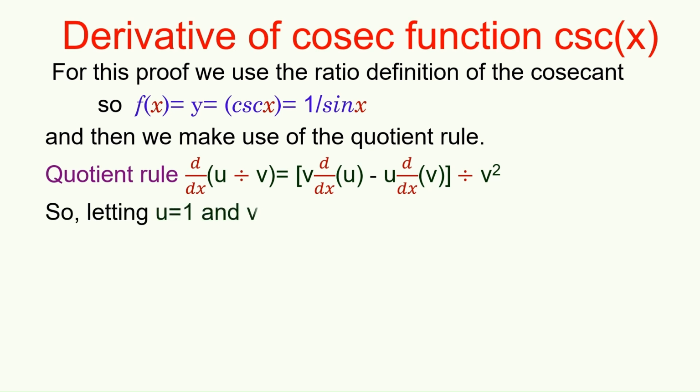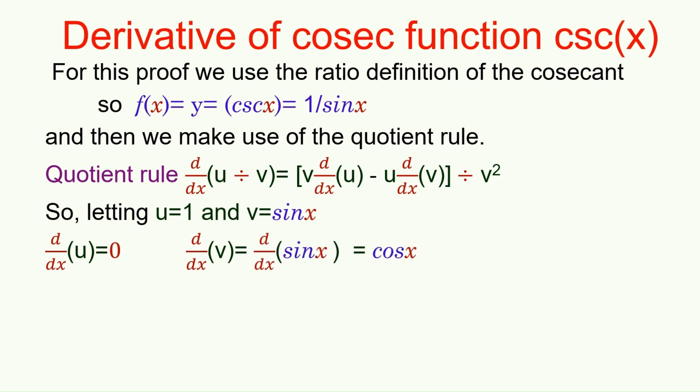So, letting u equals 1 and v equals sine x, du/dx equals 0 and dv/dx equals d/dx sine x equals cos x.